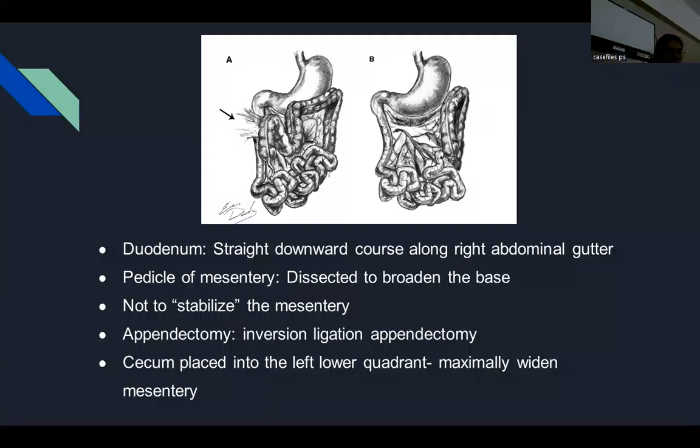Once the bands have been released, the cecum has to be placed in the left lower quadrant, and we have to ensure the maximally widened mesentery, and the small intestine will go towards the right side of the abdomen. This is the position which is present in the non-rotation status.